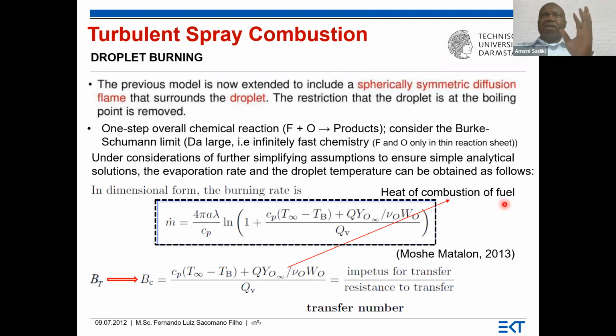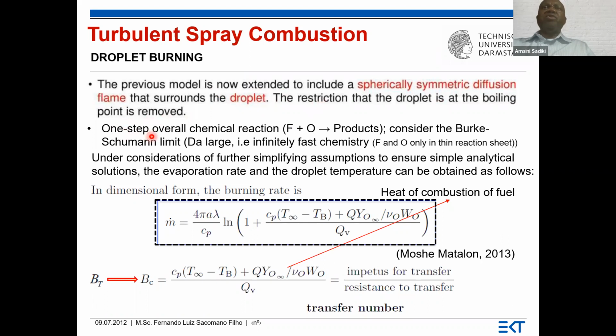And if we consider that our assumptions we had before are now also valid here, we can say that the previous model we had is now extended to include a diffusion flame, for example, that surrounds the droplets. This means that the droplet is at the boiling point. This restriction is now removed.